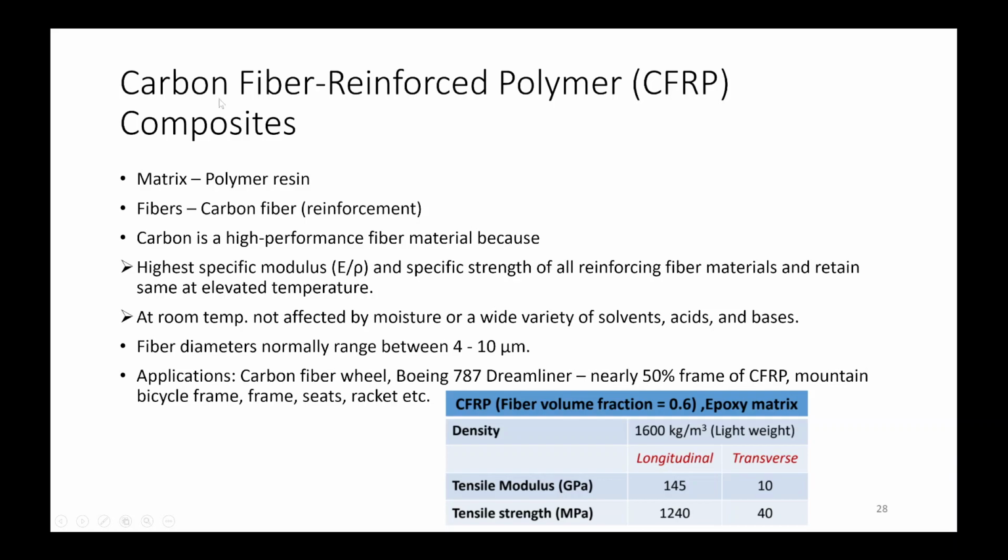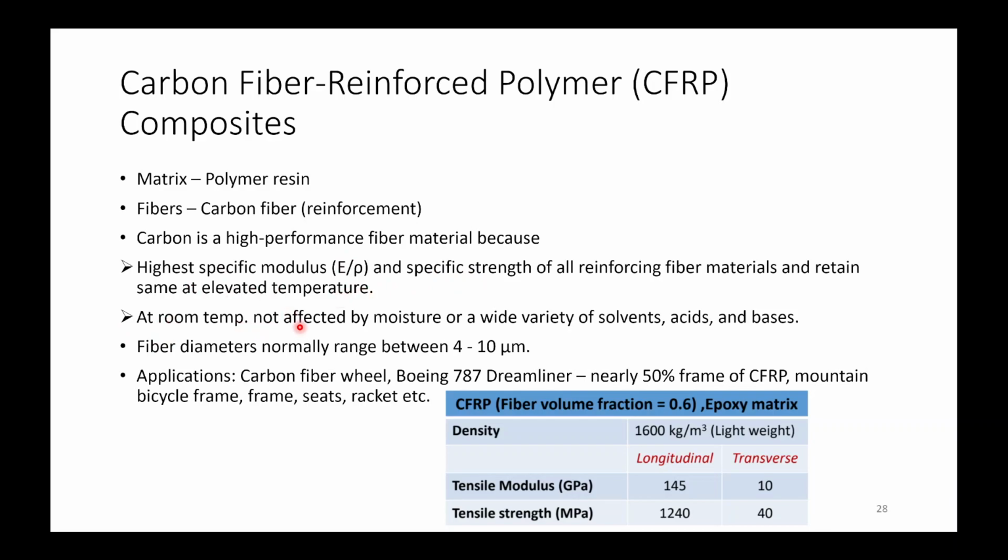Now another polymer matrix composite is carbon fiber reinforced polymer. In this case, your matrix will be polymer resin and fibers will be carbon fiber. Now carbon is a high performance fiber material because it has the highest specific modulus and specific strength of all reinforcing fiber materials, and it retains this strength at elevated temperatures.